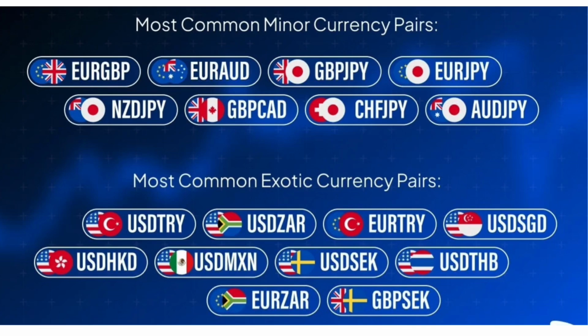The last currency pair is the exotic pair. Now these exotic pairs are often currencies that involve emerging economies. For example, we have the United States dollar against the South African rand. We have USD against the Turkish lira.